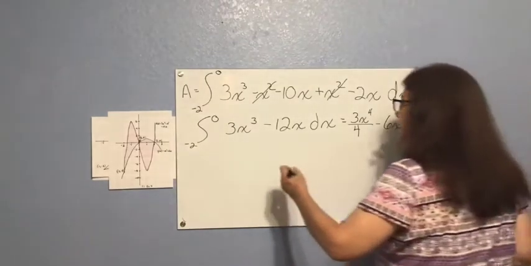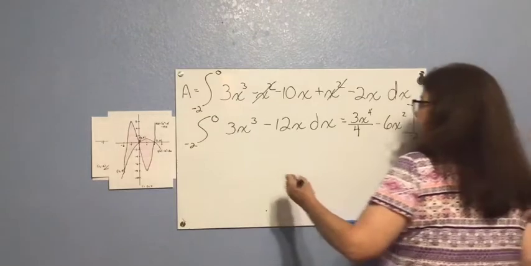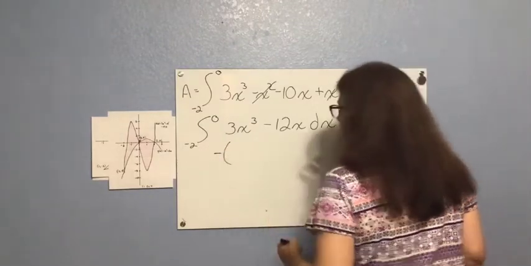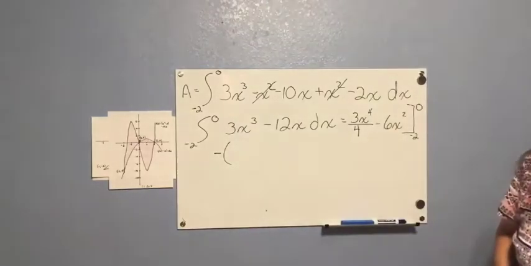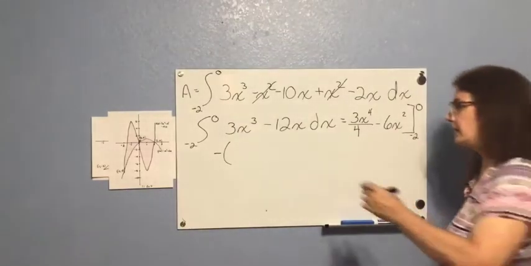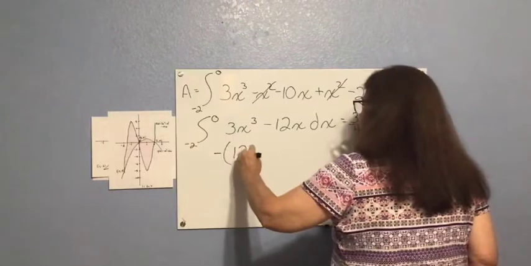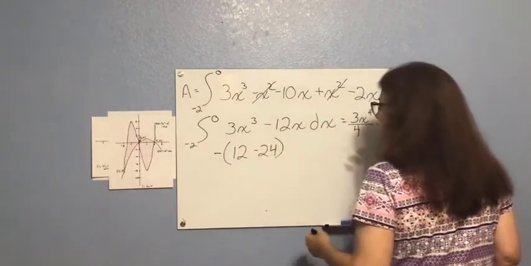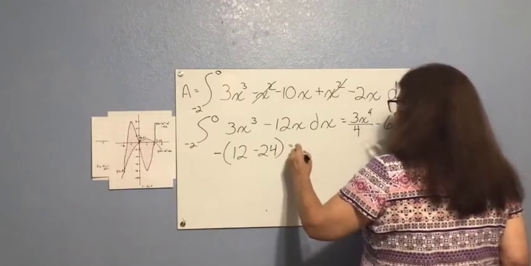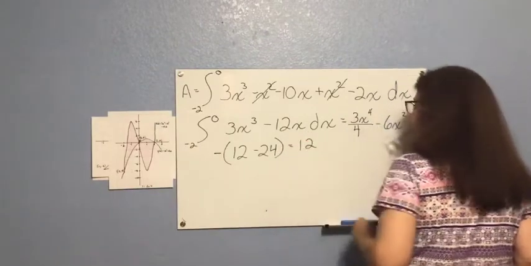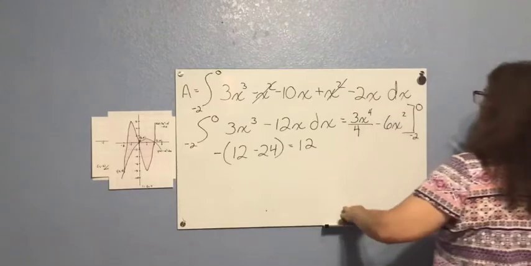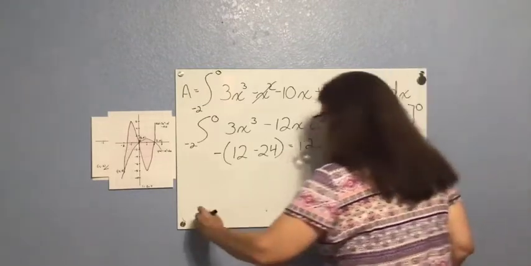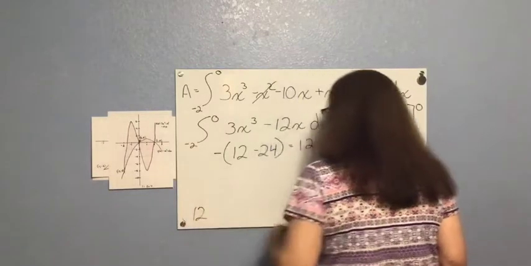Which gives me negative, negative 12 minus 24. So this comes out to positive 12. So I'm just going to make a note for myself that the first part of my answer is positive 12.